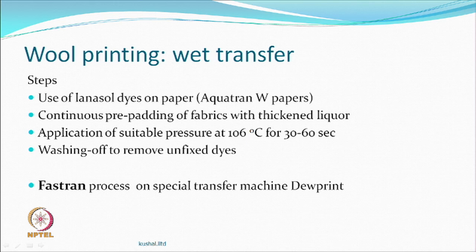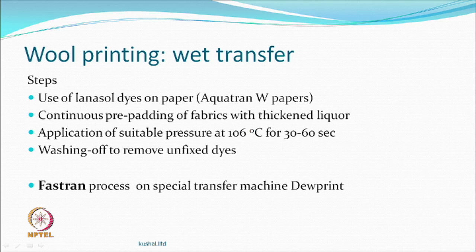The fabric obviously had to be pre-padded. So, there is liquor, some viscosity is increased, it is not very low viscosity, but still it is a quite low viscosity. And this particular method did the transfer above 100 °C, which means a bit of a steam is generating, 30 to 60 seconds, and then washing off to remove the unfixed dye.